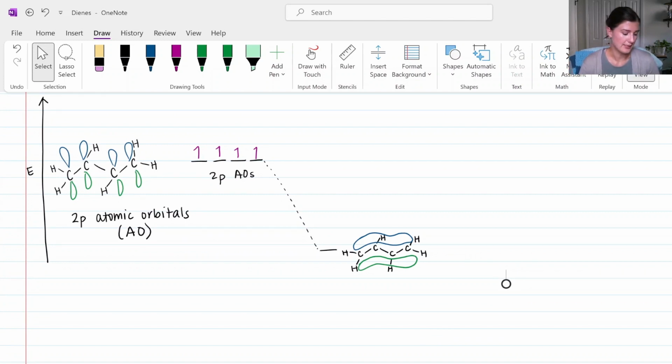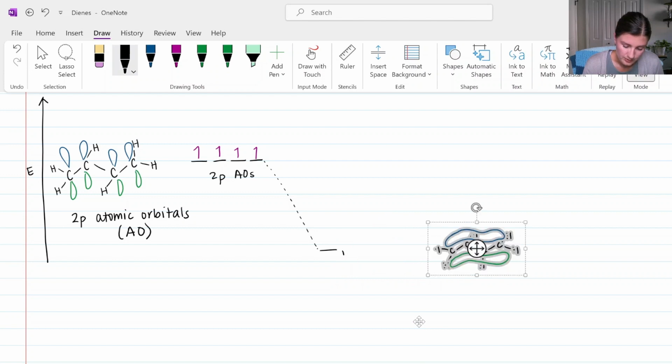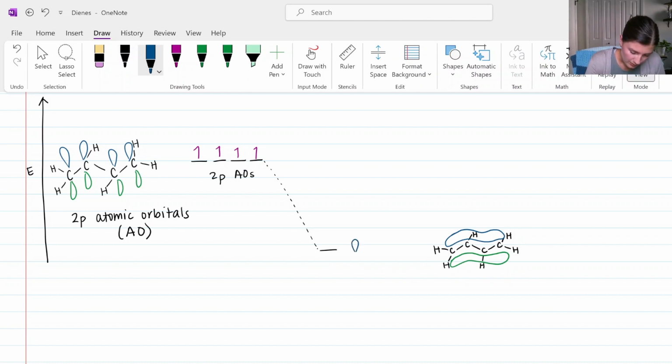That's because we have the best overlap of the p orbitals. Another way to represent this is a little bit simpler, so I'll just go ahead and scoot that over, where we just have 4 p orbitals overlapping the same phase on either side. So we have all blue on top, all green on the bottom. And this is essentially the same thing that we are representing with that structure where we drew in the carbons and hydrogens.